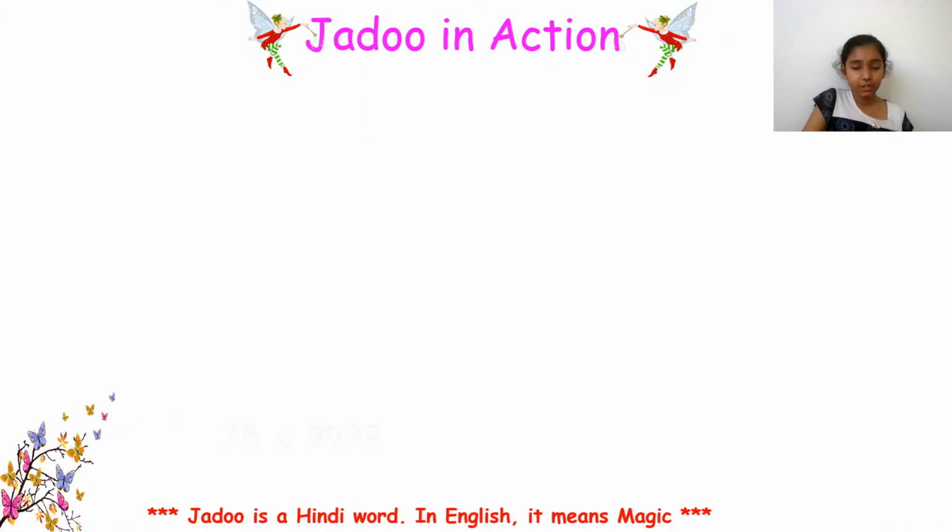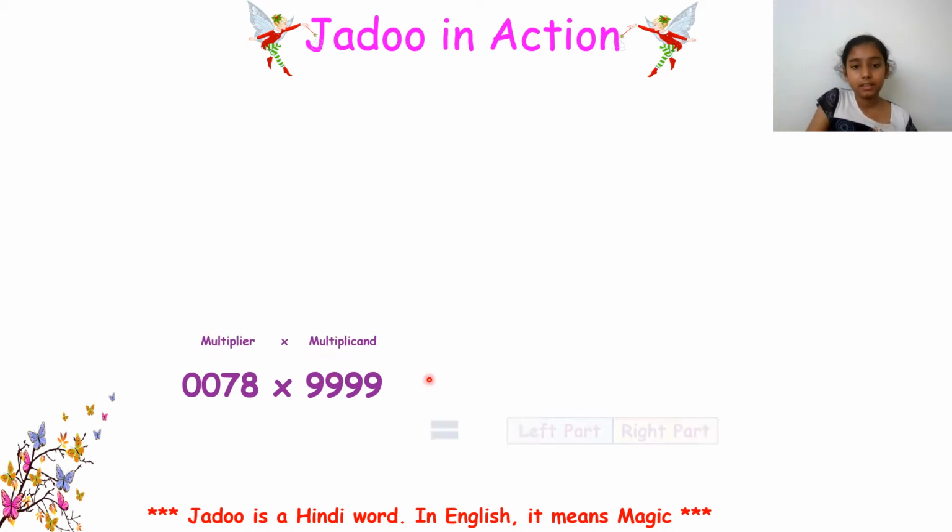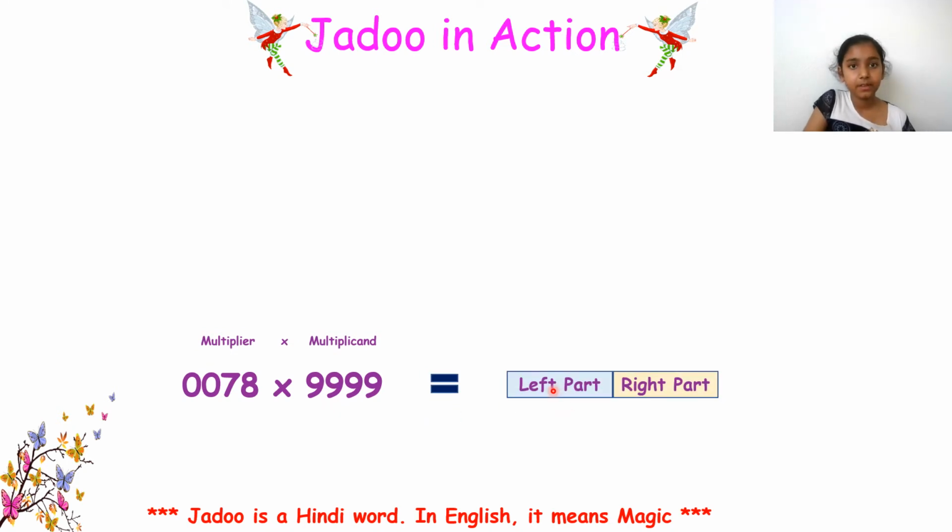Let's apply the Jadoo. For example, I took this question. As per today's secret, I first prefixed the multiplier with 2 zeros like this, to make it equal to the number of digits of multiplicand, and next wrote it in the form of magic parts like this.